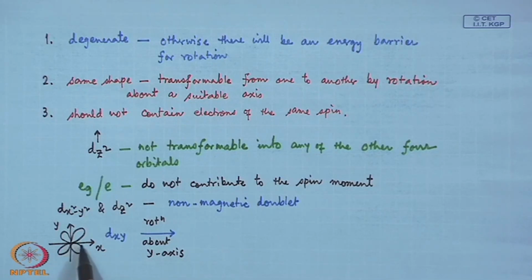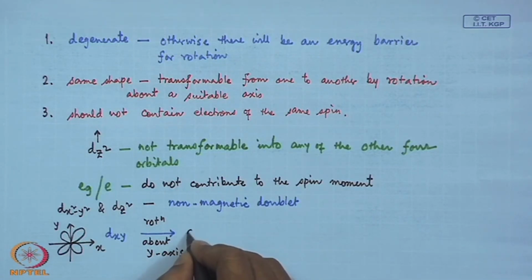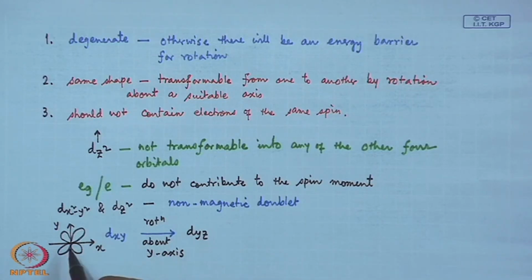So, it will be going for y and this perpendicular z plane. So, it is basically giving rise to the dyz orbital. So, if we go for this dxy at the rotation about the y axis to dyz, electron from this level can go to this level and can contribute in terms of this orbital rotation.